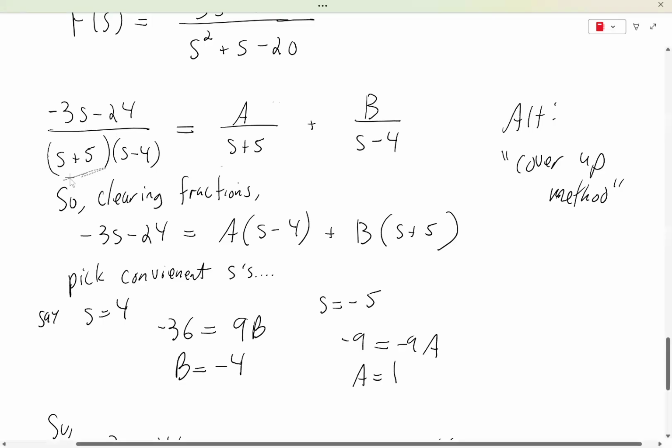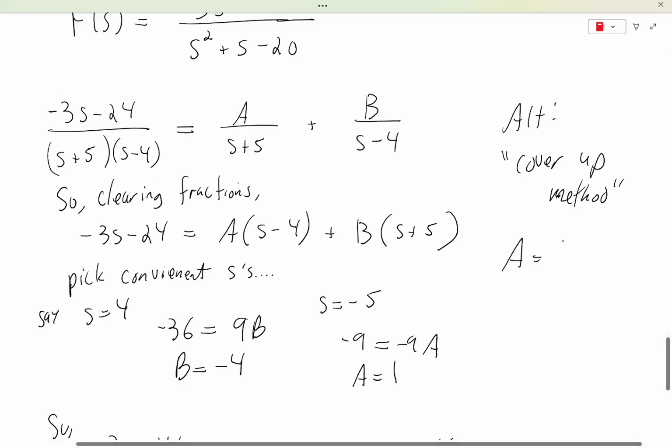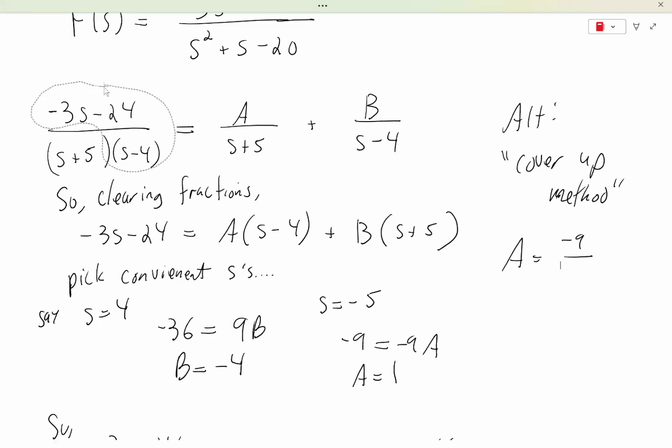You come over here, erase out the s plus 5, and plug in negative 5 into the rest of it. So A is equal to, putting negative 5 into this part right here, 15 minus 24, which is negative 9. So you get negative 9 over, and again putting negative 5 into the bottom, you get negative 9.